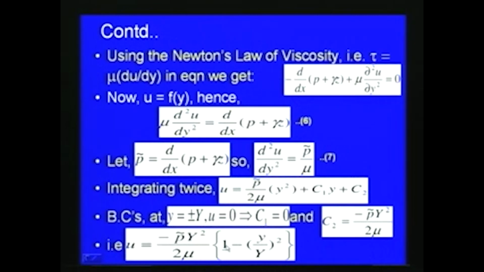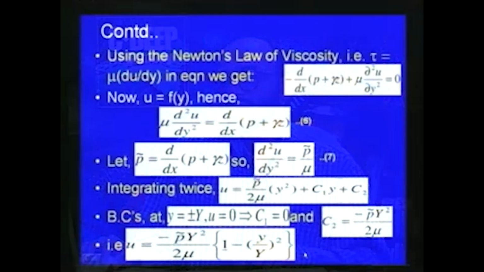So, we get an expression for u as minus p tilde Y square by 2 mu into 1 minus small y by Y. This y gives the variation between the plates, so y is starting from the central line between the plates. So, this is the expression for the velocity.